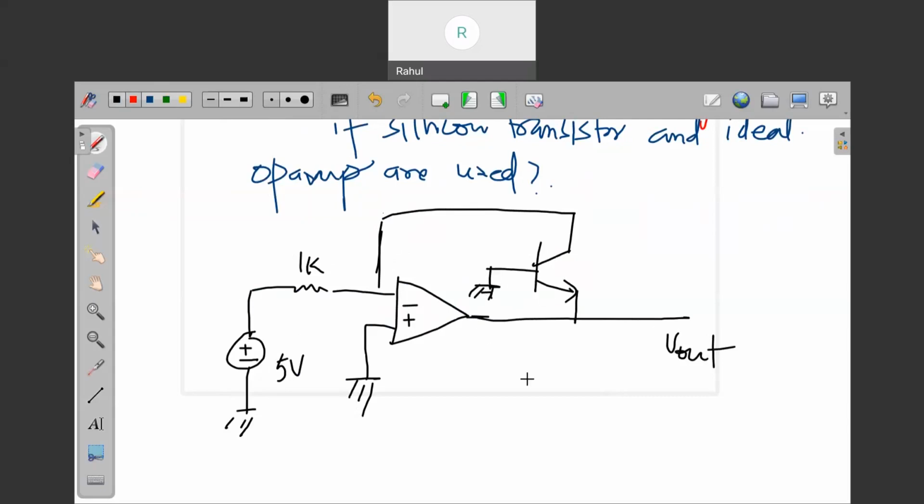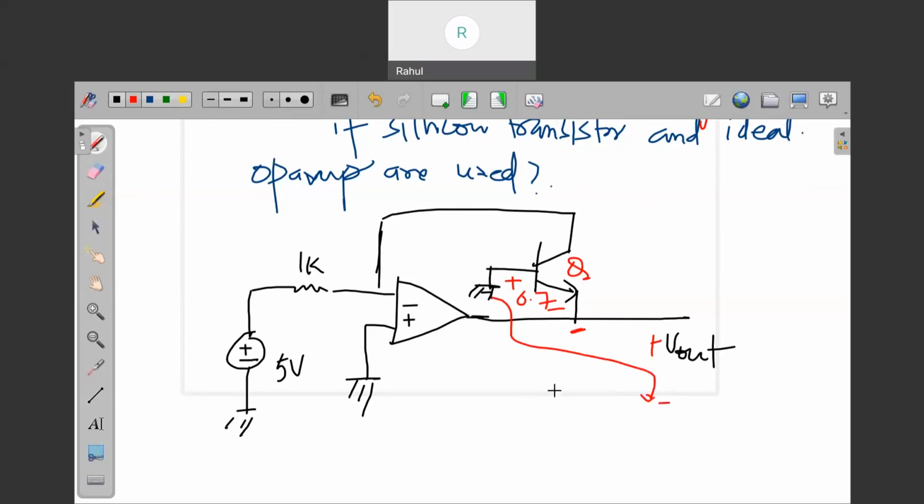So in order to turn on the transistor, what voltage do we need here? That voltage we need is 0.7. So once there is 0.7 volt, what shall be the V out? This terminal should be negative. So this transistor will be on. This is negative, this is positive. You can apply simple KVL from here to here, plus to minus.